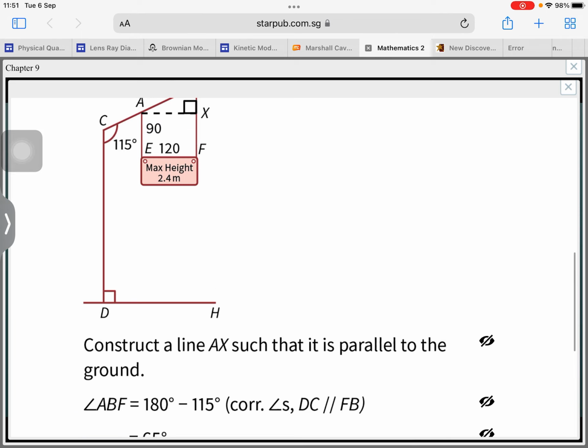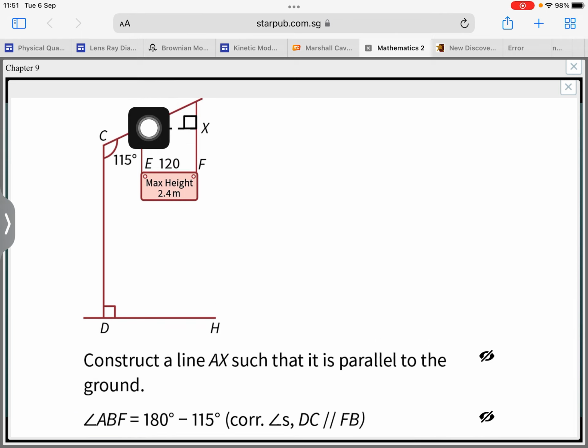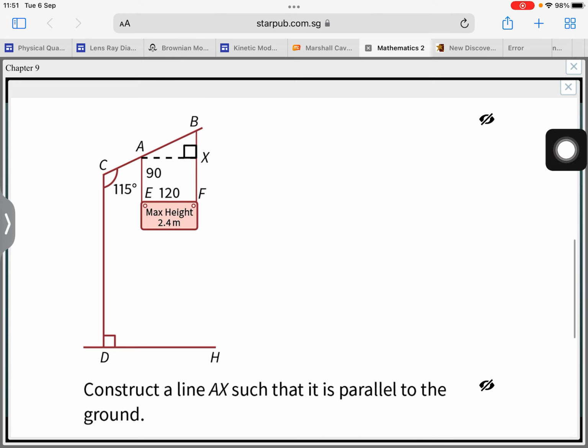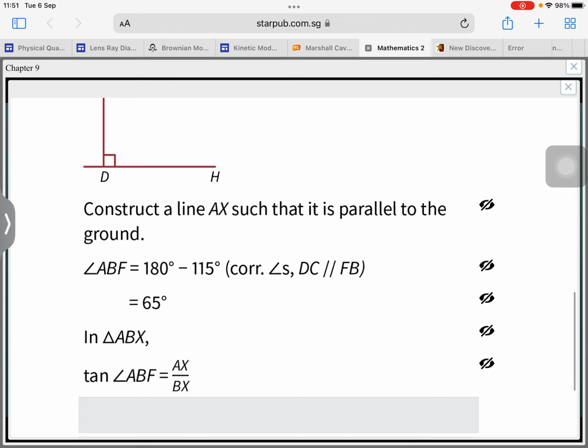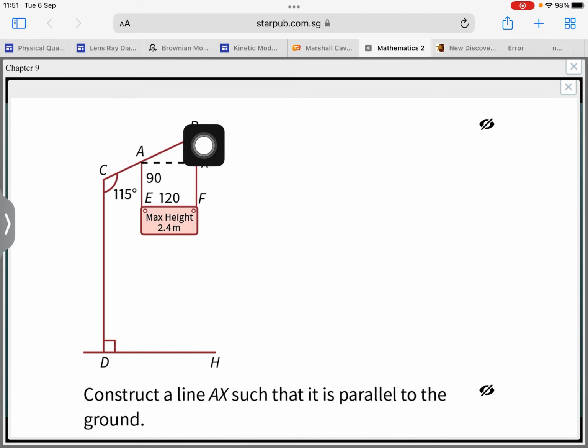Just now I was saying finding angle BAX, which is over here. But over here, it seems like the solution finds angle ABX. Both ways will give you the same answer. So they make use of tangent, like I said. If you know this angle on top is 65, you are trying to find BX, since AX is 120.